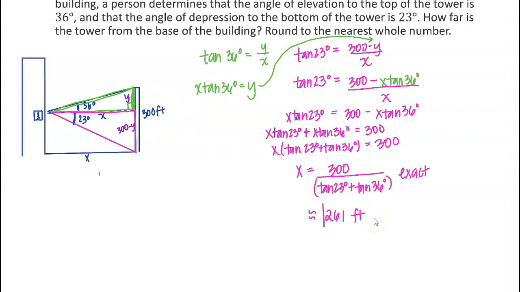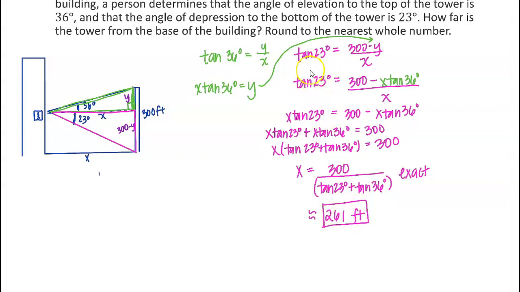So 261 feet. Now, one of the things I want you to recognize is that we waited until the very end to approximate. So we had tangent of 23 degrees, tangent of 36 degrees, and we did not early on plug them into our calculator and work with those approximations, because that's going to lead to a further off value in our final answer if we approximate early.